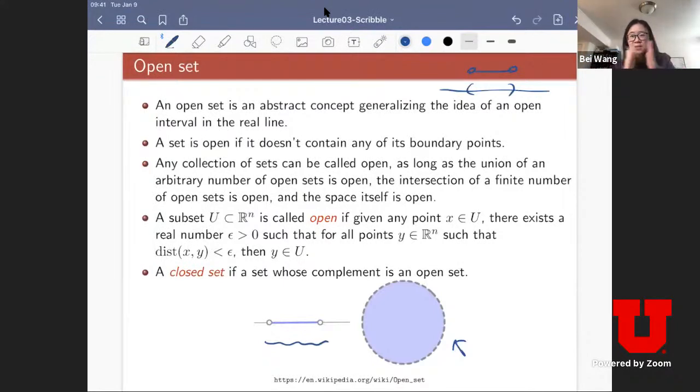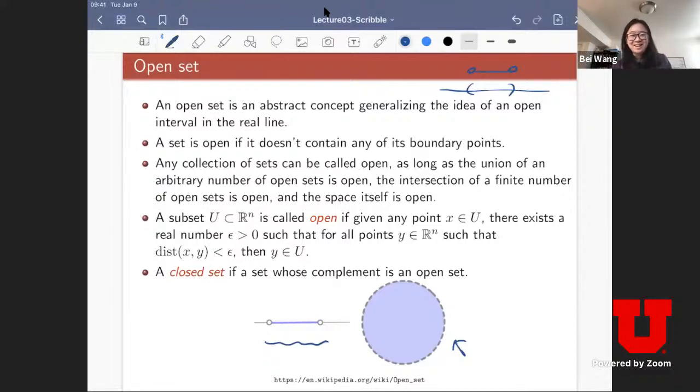So I must admit that the definition of open and closed is going to be a bit of a mind twister, so we're going to go over this definition carefully. Any collection of sets can be called open as long as the union of an arbitrary number of open sets is still open, the intersection of a finite number of open sets is open, and the space itself is open.